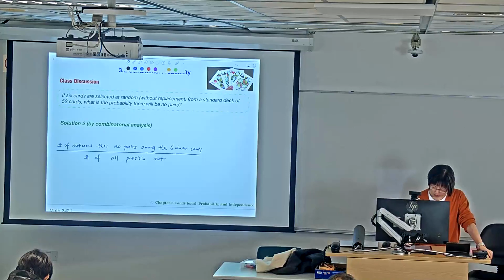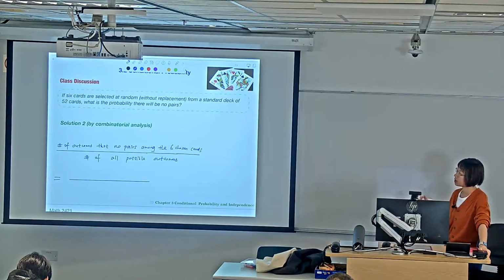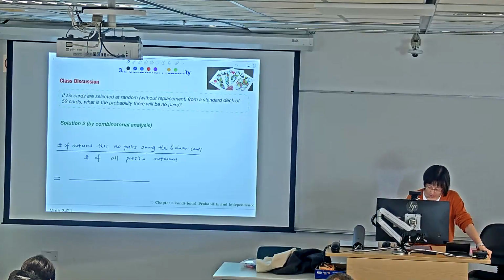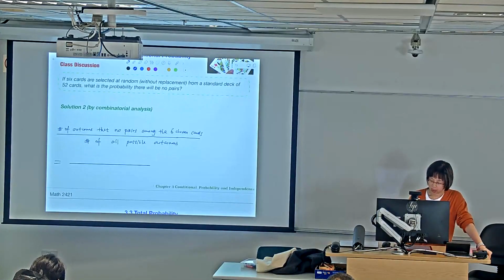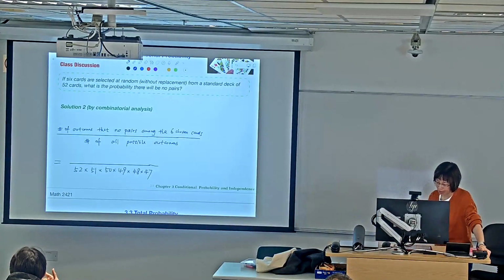Here we are going to count in order. We choose each of the 6 cards: the first one, second one, up to the 6th one. The number of all possible outcomes is simple: for the first card you have 52 choices, then 51, 50, 49, 48, then 47. So multiply these 6 numbers together.